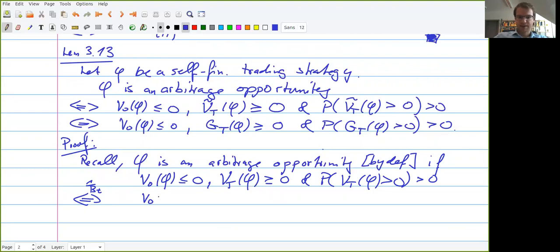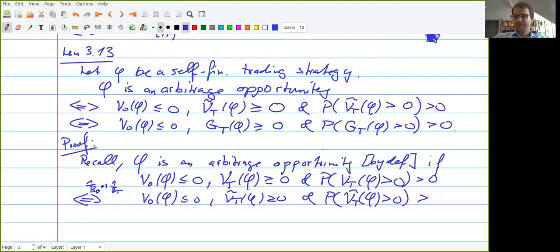So we have here the discounted one, and we divide by something strictly positive, so the inequality signs are not changing, and we have exactly the same condition, which was our first equivalent characterization.